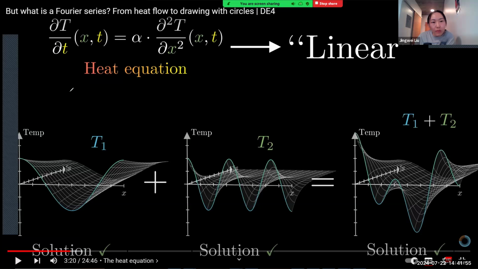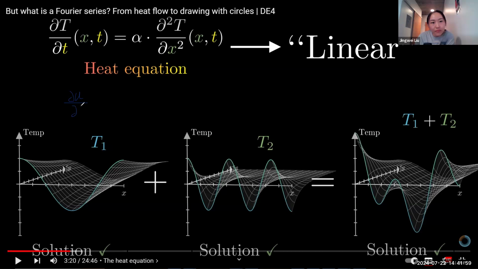Wave equation, if you remember, the formula is U. So we use U_tt equals some constant K times U_xx, right? So this is our wave equation.